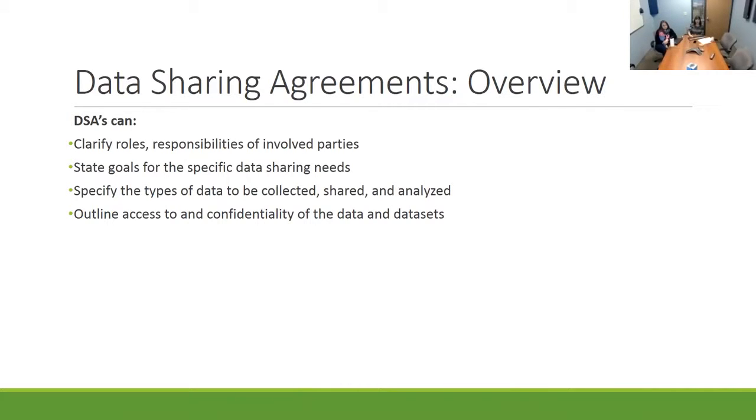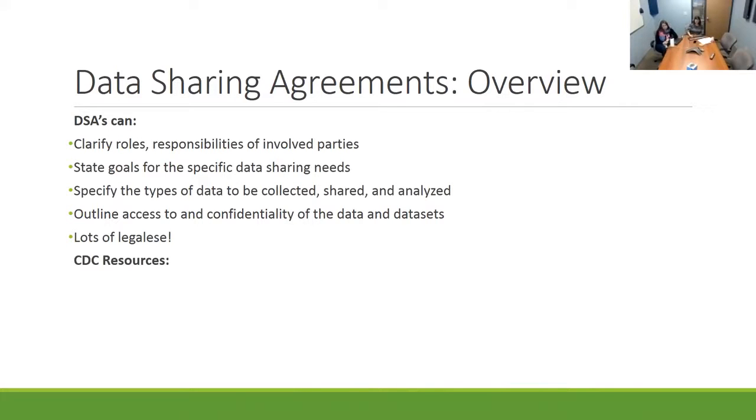This can outline access to and confidentiality of the data and the data sets. For those of you who like to get into the weeds, it can provide lots of legalese, and it can really outline who's responsible for the data. It can help you outline your security measures, if you do have protected health information, for making sure that it stays secure.